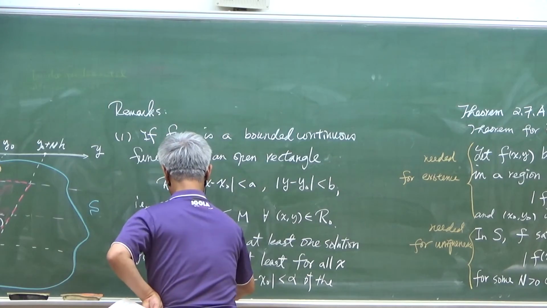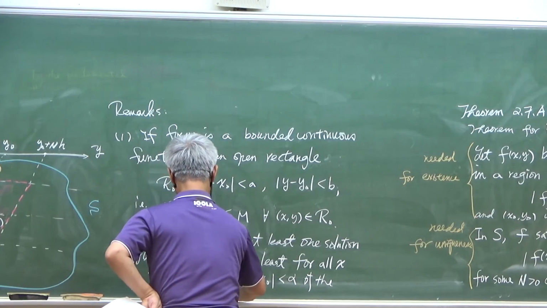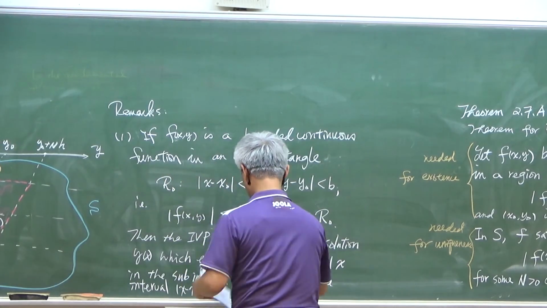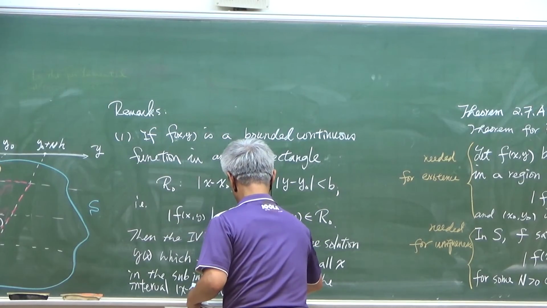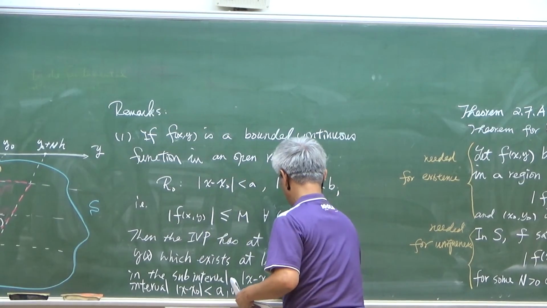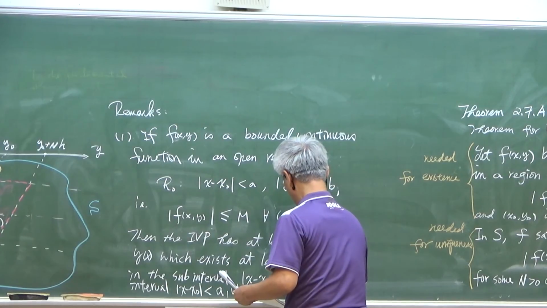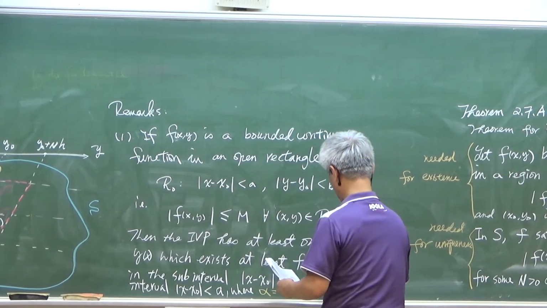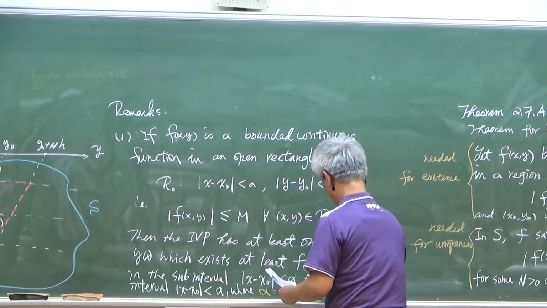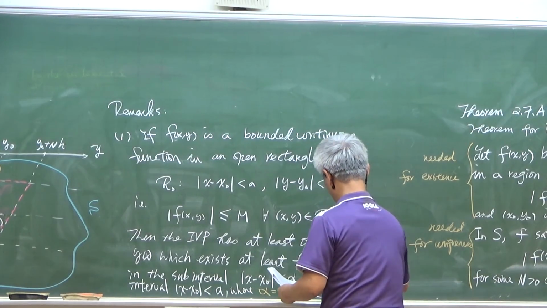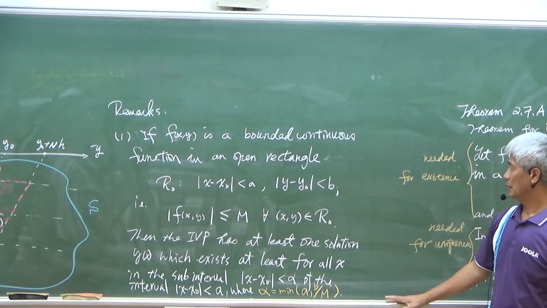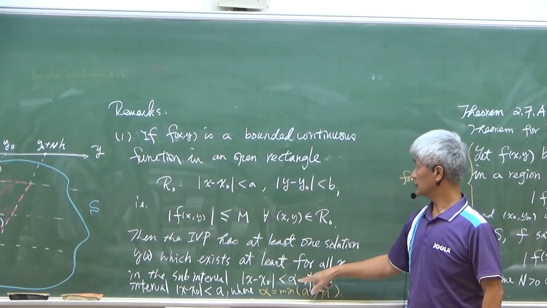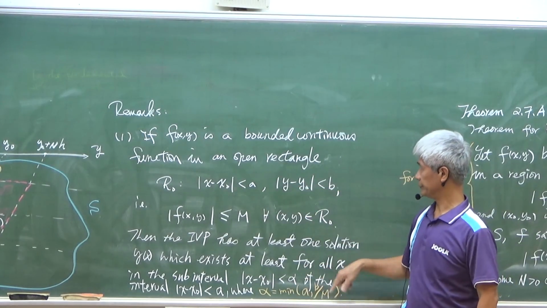Where alpha is equal to the minimum of a and b divided by m. So you can determine the subintervals from the rectangle and the upper bound.